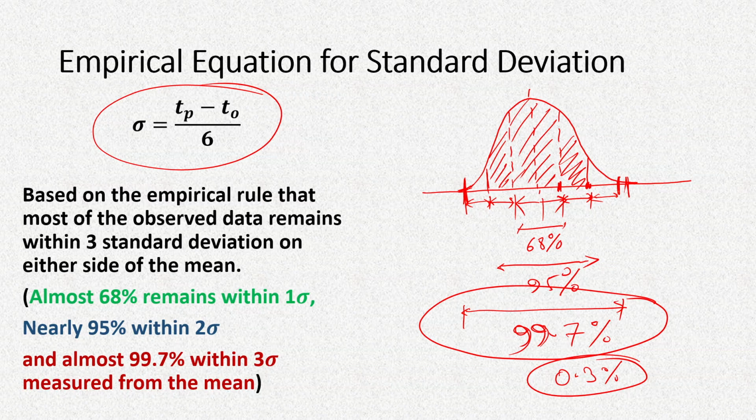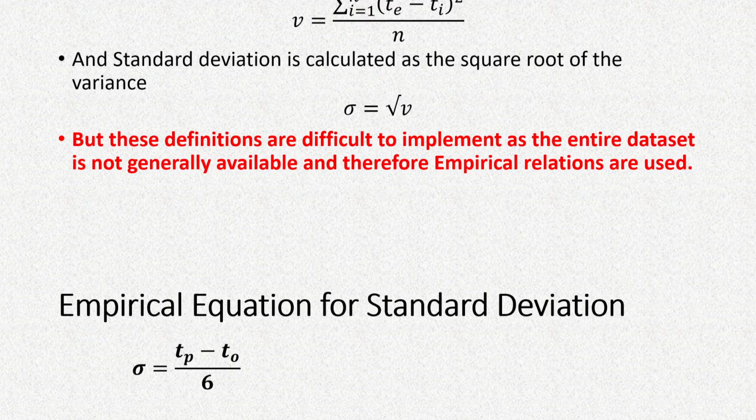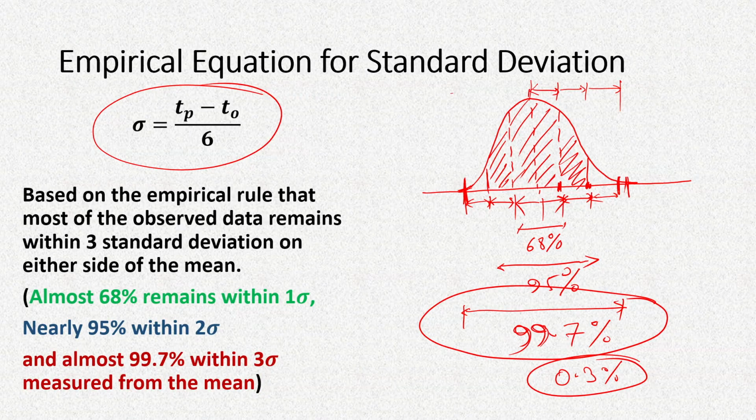So if the standard deviation is this much, then we'll see that most of the data, 99.7% of the data, will be contained within 6 standard deviations, and therefore these 6 standard deviations are within approximately the TO, that is optimistic time, and the TP, which is the pessimistic time.